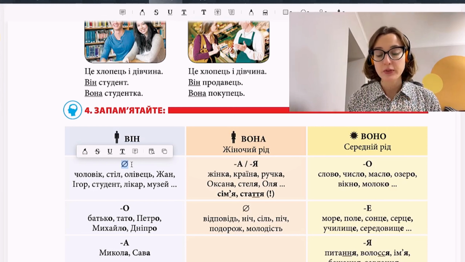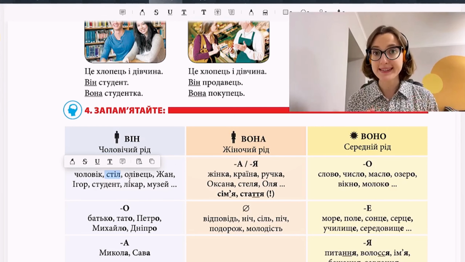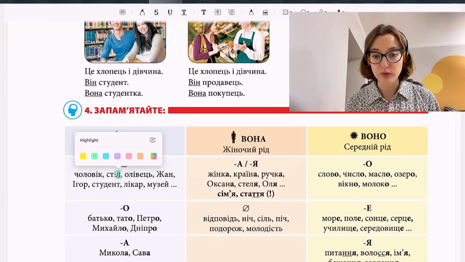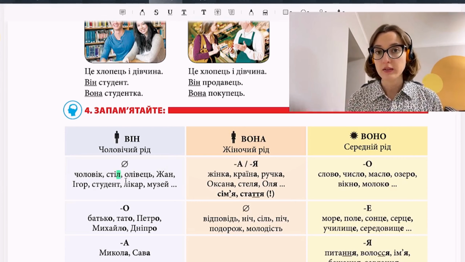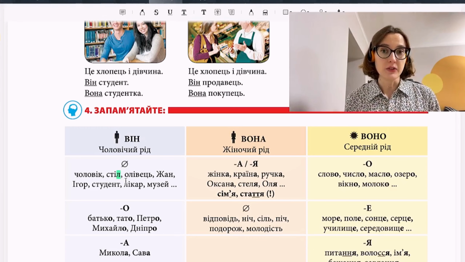For example, if we take the word стіл, a table, you see that at the end we have л, which is a consonant, and we don't have a vowel after this. So we know that it's a masculine gender just by looking at this word, right? I see and I know, okay, that's a masculine gender.